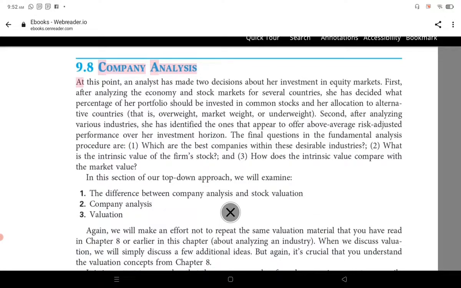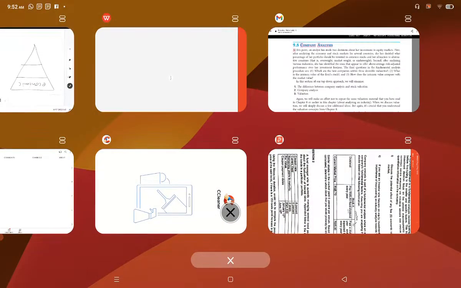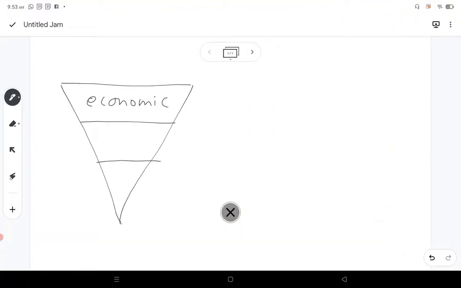Previously you have learned about the top down approach, let me remind you. This is what we call the top down approach, whereby we start our analysis from the economic point of view, and then go down to the industry, and then go down to the company.